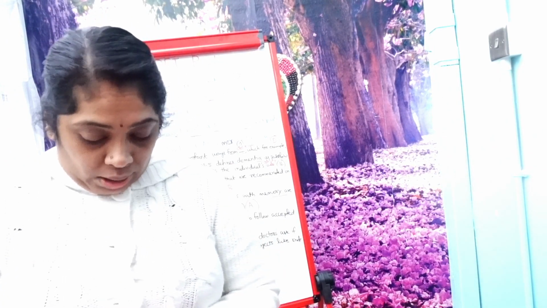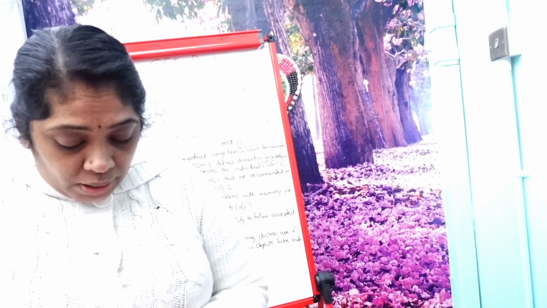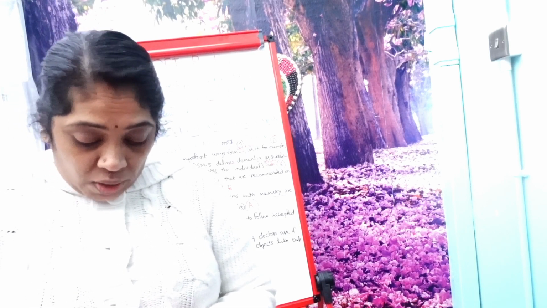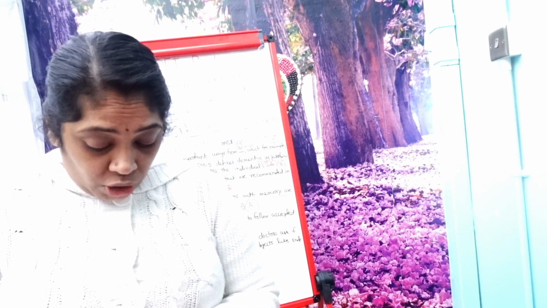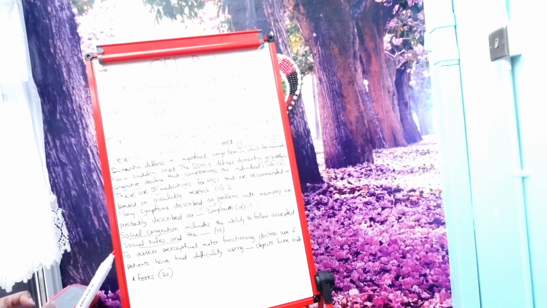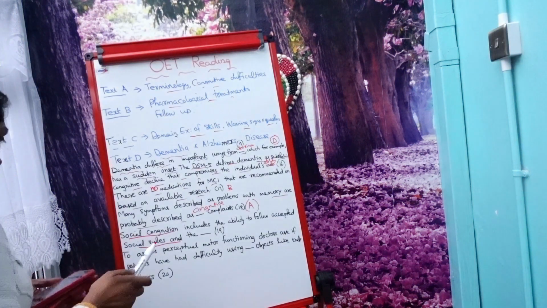So on this side it says social cognition: recognition of emotions, appropriateness of behavior to social norms. That means he or she has been behaving inappropriately in social situations. Is he or she able to recognize social cues? Is she or he able to motivate him or herself? That is social cognition. So, what will be the answer? The recognition of emotions.